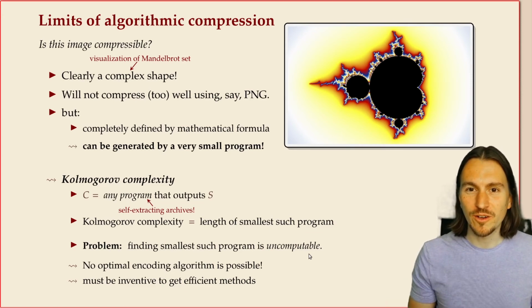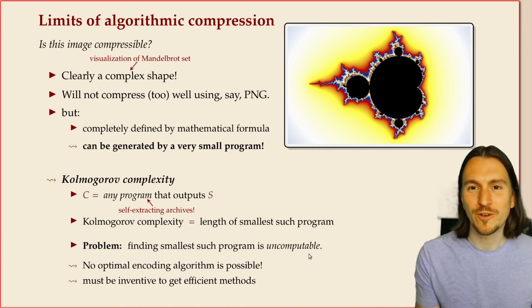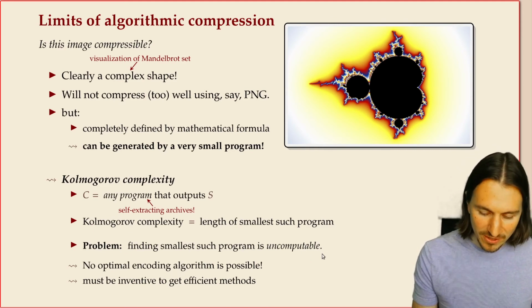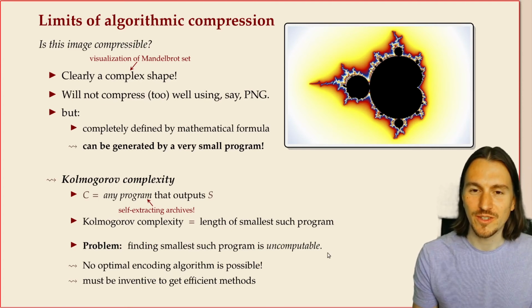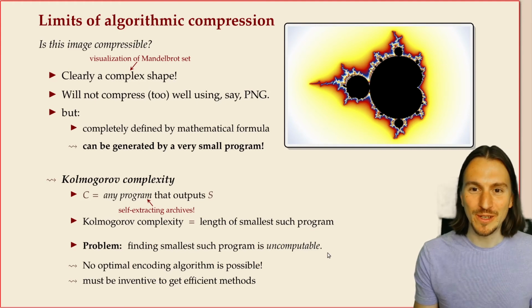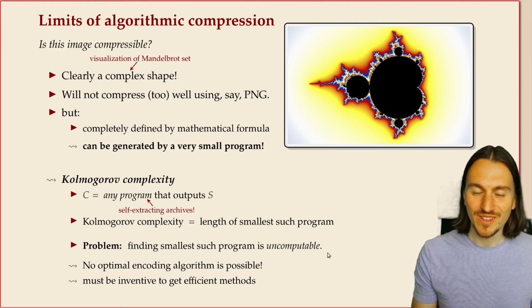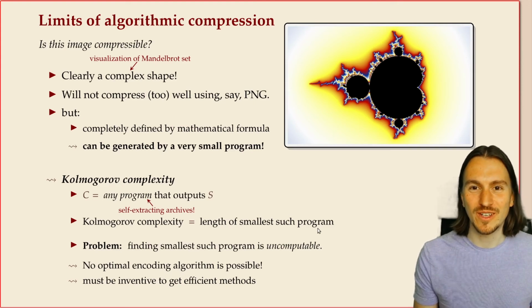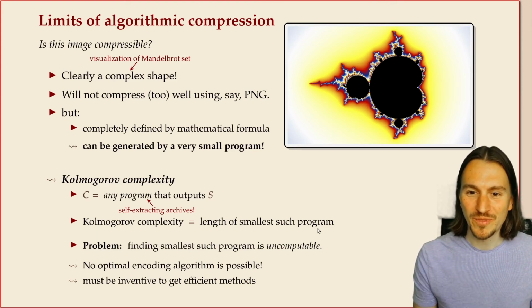And this is a strong thing that sets us apart from the natural sciences in many instances. And this is another such example. It's fundamentally impossible to write a program that finds the smallest program that generates a certain source text.